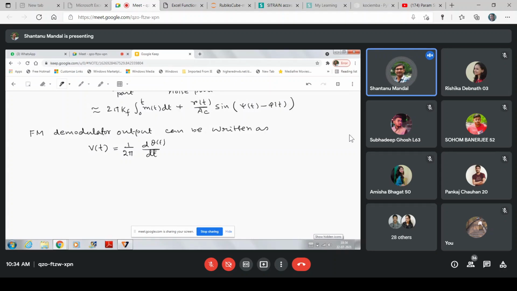Now we put the theta t value: this is equal to 1 by 2 pi into 2 pi kf into integral of m(t) dt, plus R(t) by AC into sine of psi t minus phi t.